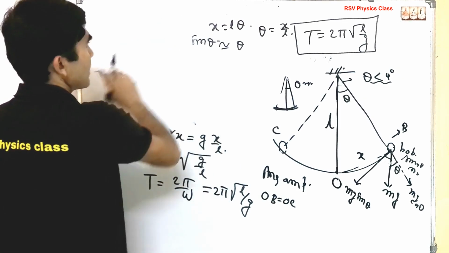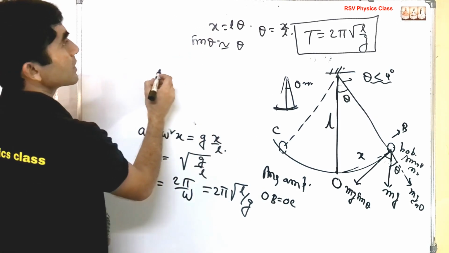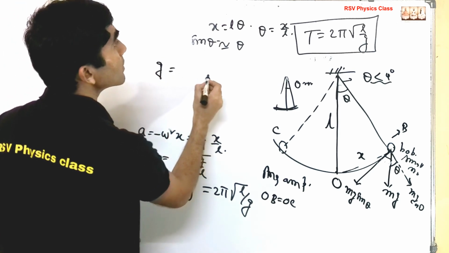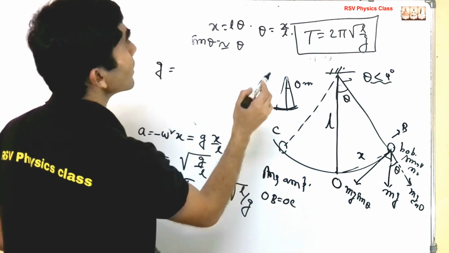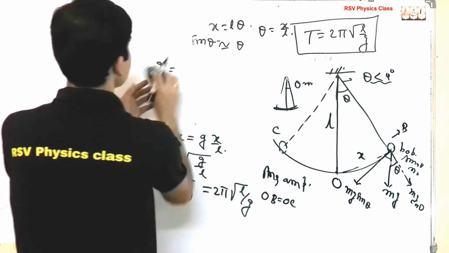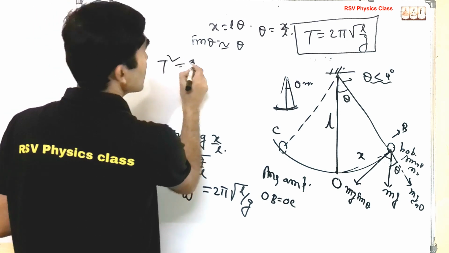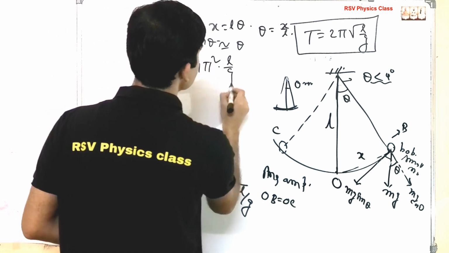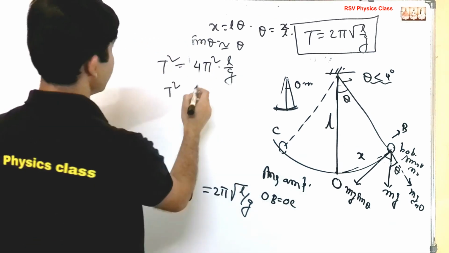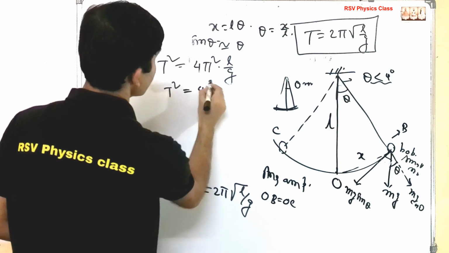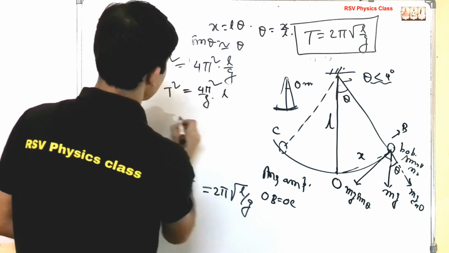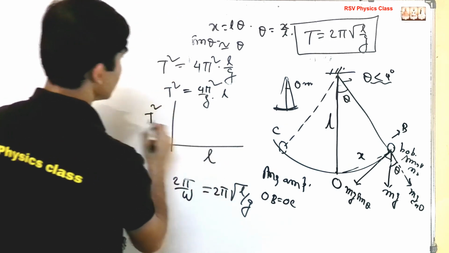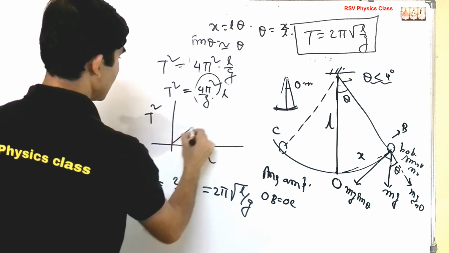So this is equal to 4 pi square by g into L. So if you plot T square versus L, then this is a constant, so there will be a straight line.